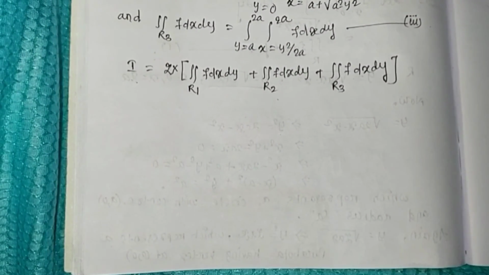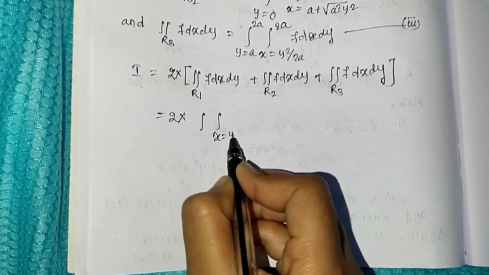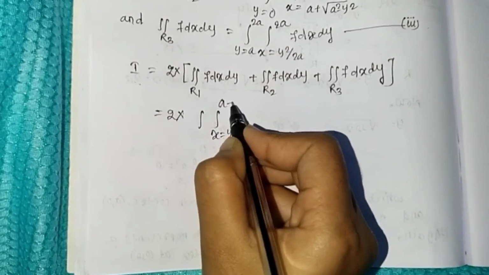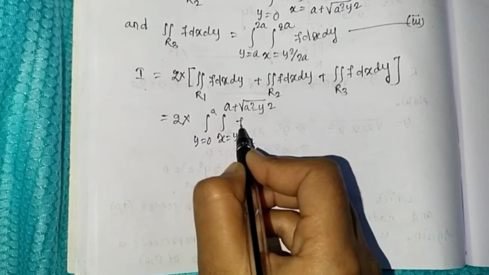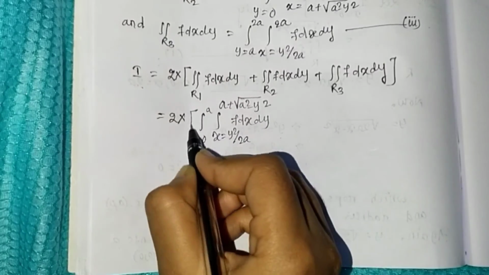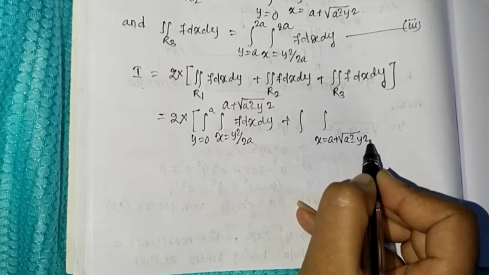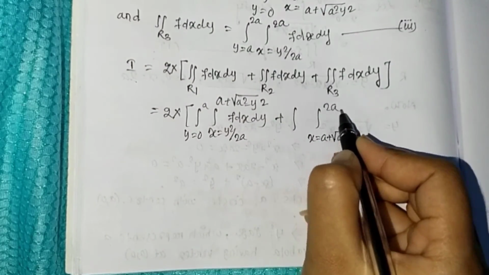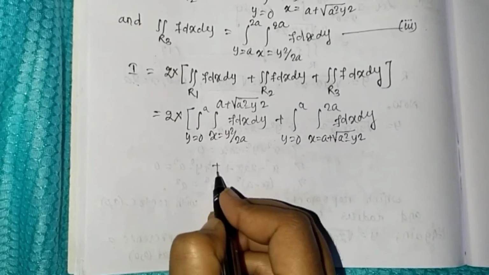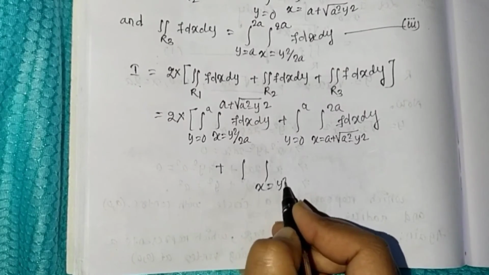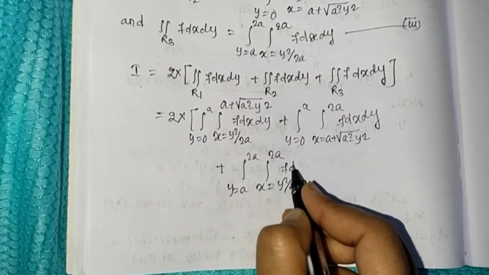So that is equal to 2 into the integration of x from y square divided by 2a to a plus root of a square minus y square, and y from 0 to a, f dx dy, plus x from a plus root of a square minus y square to 2a, y from 0 to a, f dx dy, plus the integration of x from y square divided by 2a to 2a and y from a to 2a, f dx dy.